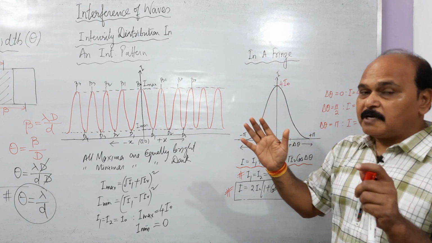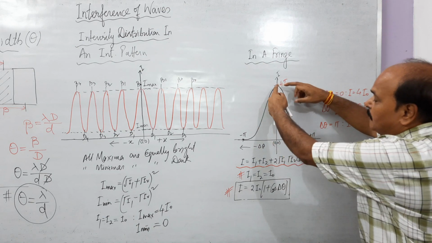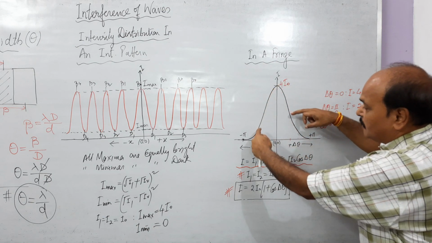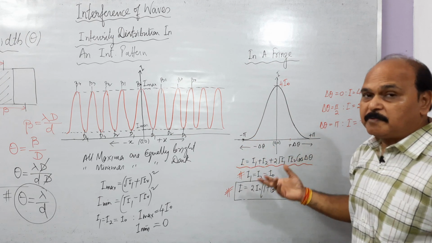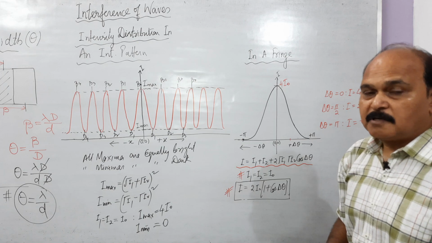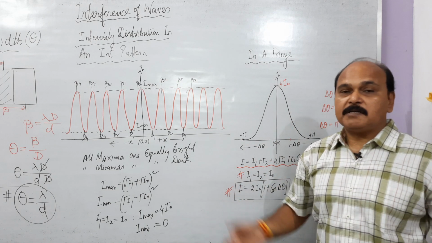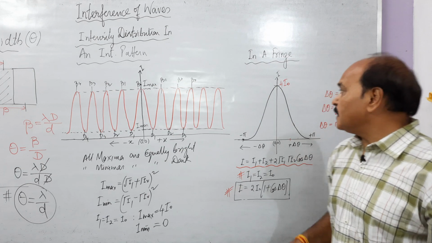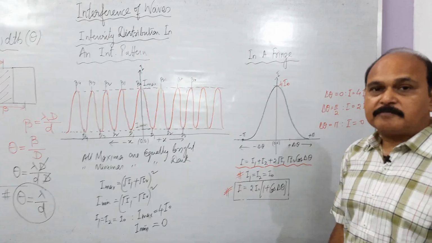But in a maxima, intensity is not uniform. Right at the center, intensity is maximum and then it decreases continuously and it becomes zero, or minimum, at the adjacent minimas. We know that a maxima is flanked by minimas and minimas are flanked by maximas. So this was intensity distribution in a single band.